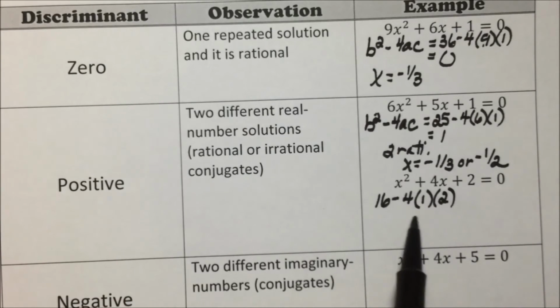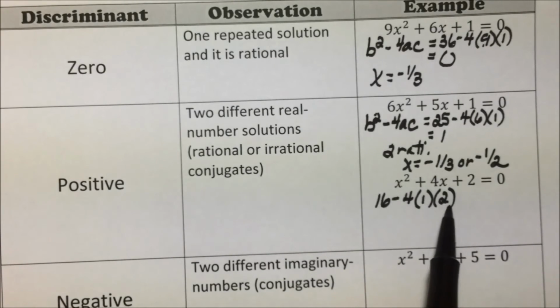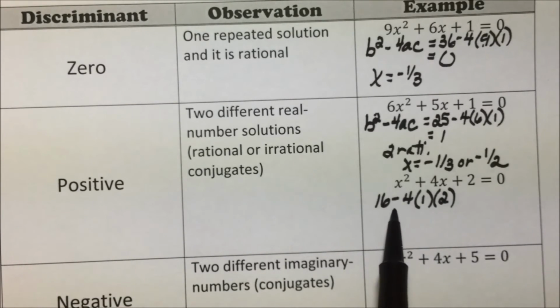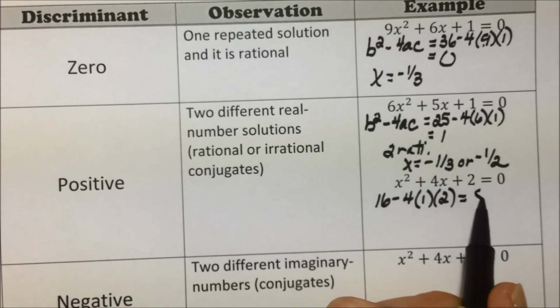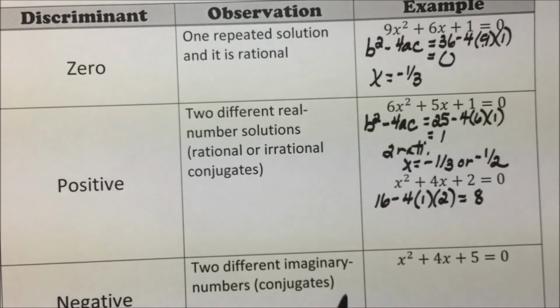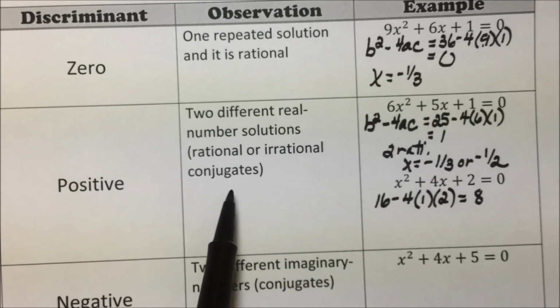We would have 16 minus 4 times 1 times 2, which is 8. 16 minus 8 is 8. And again, think about where this discriminant is located in the quadratic formula. It's underneath the radical. A square root of 8 is not going to give us a perfect square. And so in this case, we would end up with irrational conjugates.